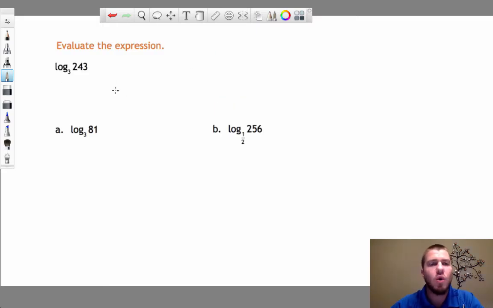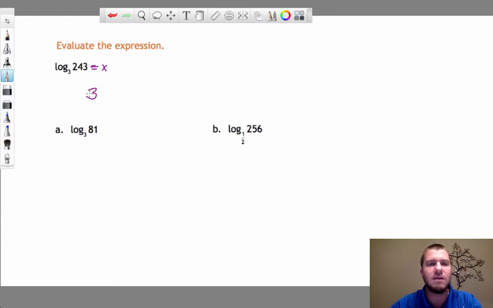Okay, so we're going to evaluate the expression. What that means is I'm trying to figure out what this is equal to. Basically, you can make it an equation: log base 3 of 243 is equal to x.